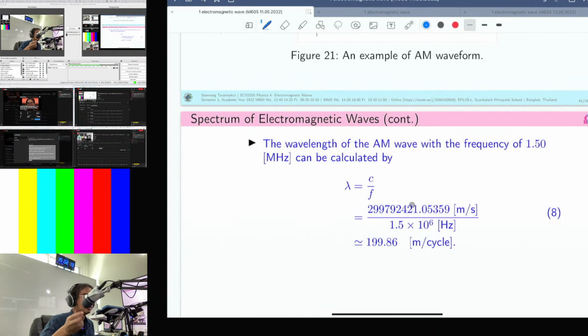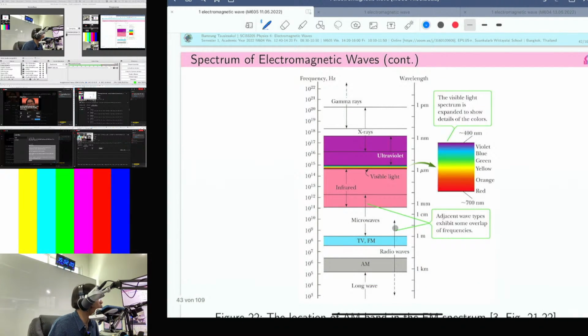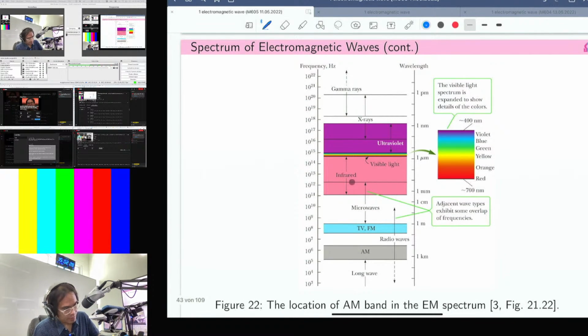Yes. Let's continue our story. Here you would have the whole picture again of the electromagnetic band, right? But where is AM? AM is right here.